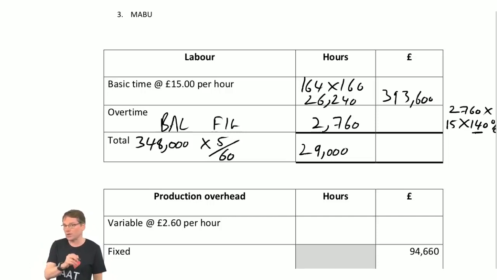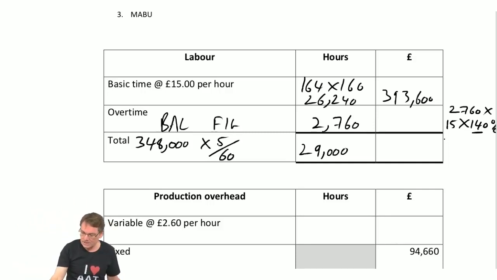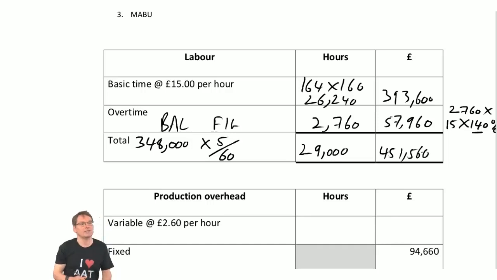But what we were told here is, here's all the hours that you pay at the basic rate. The overtime, you've got to work out how much you're going to pay for them. £15 plus a bit extra. So 2,760 times 15 times 140% comes to 5,790, giving me a total of 451,560.